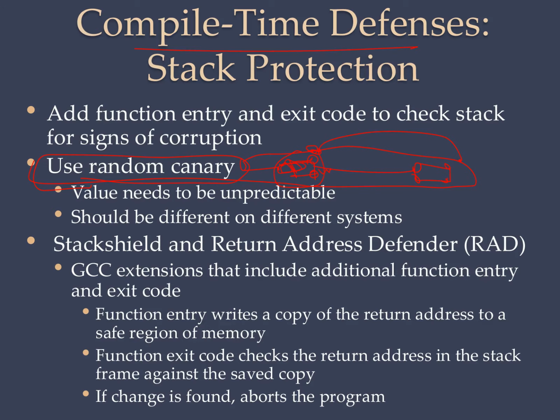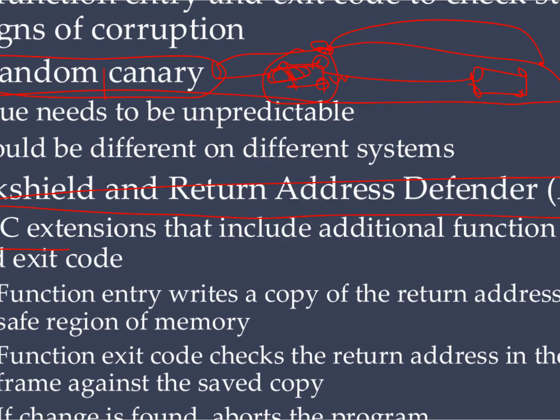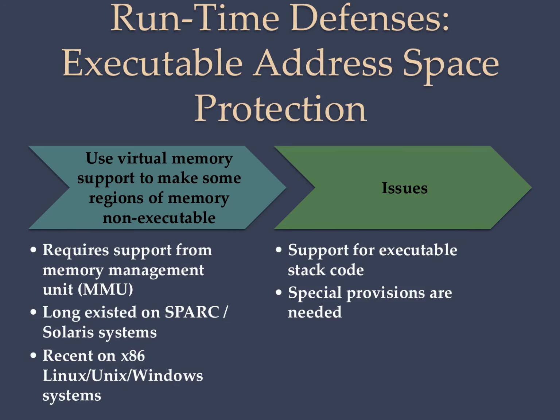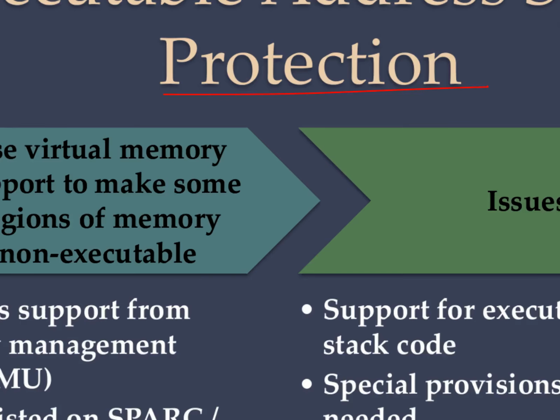So that's called canary. And these stack shield and return address defender, like RAD, enabled these GCC extensions. Most of the modern programs are built with that. These are the compile time defenses. At the runtime, the executable address space protection was always there.